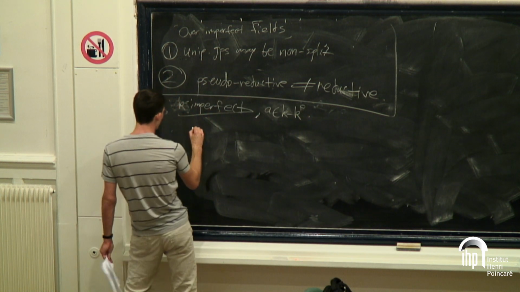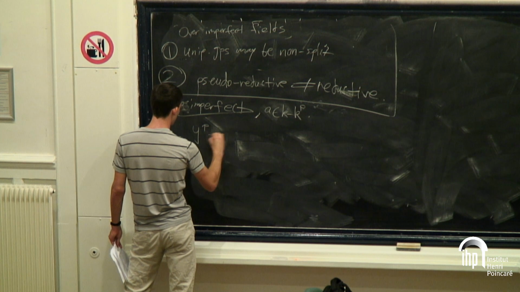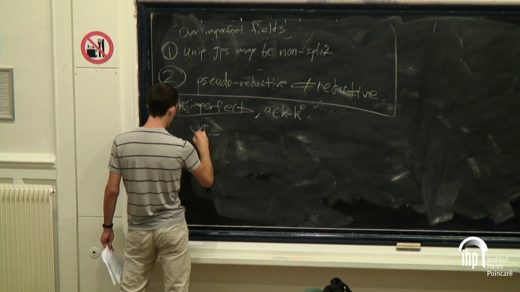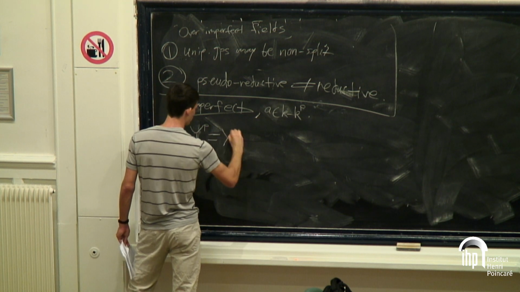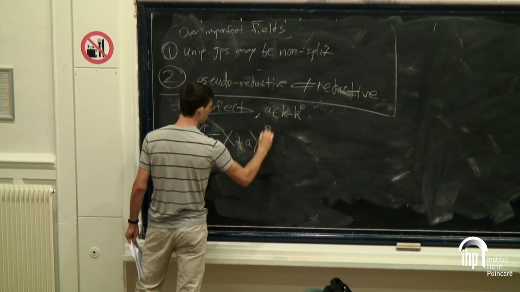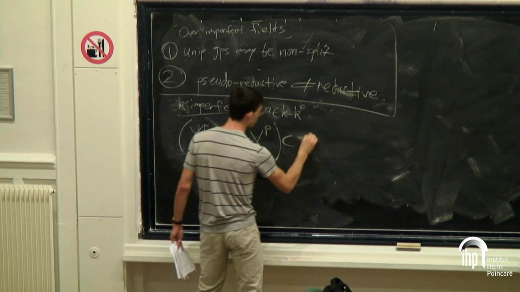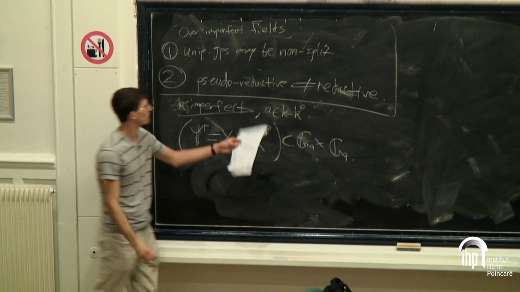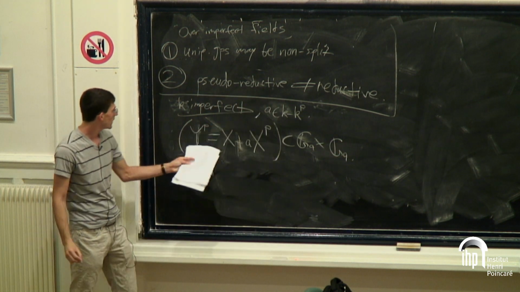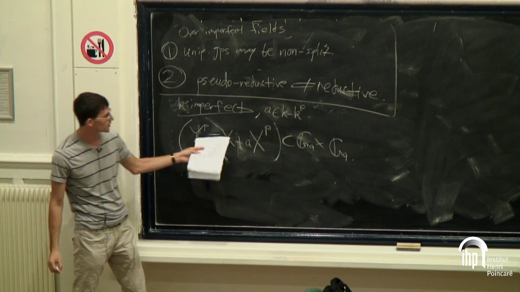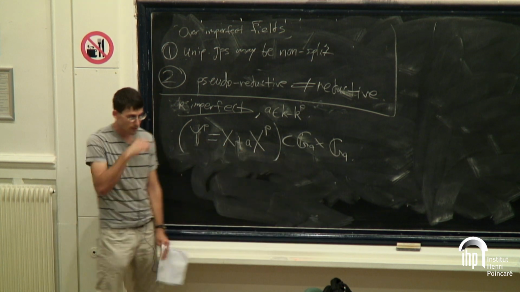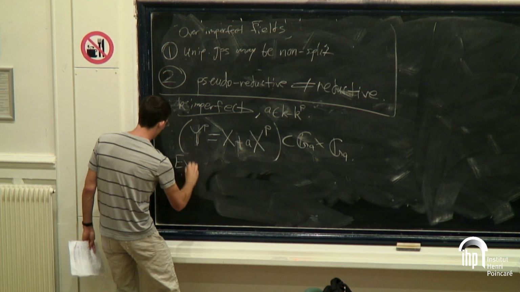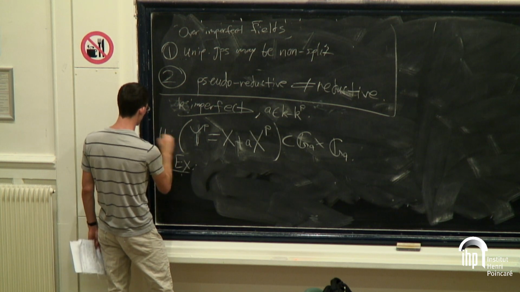Now you can consider the group Y^p = X + aX^p inside of G_a × G_a. And of course, by this I mean K has characteristic p, and because K is characteristic p, this is a genuine subgroup. I'll leave it as an exercise to check that. Let's call this U.